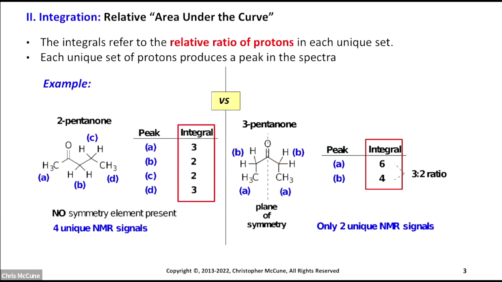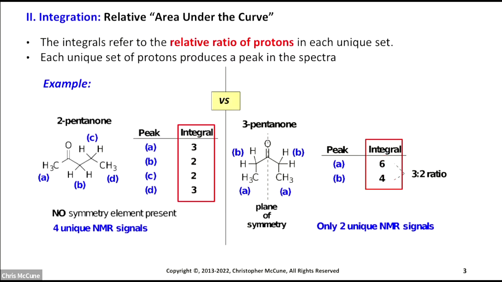Okay, so if you didn't know the integral of, say, that, and you guessed and you said it was 3, then that would be 2, right? Because that's a 3 to 2 ratio. If you multiply that by 2, that's 6 to 4, the same ratio as 3 to 2. So it's a relative ratio based on the number that you've assigned to one of the integrals, assuming that you knew one of them.